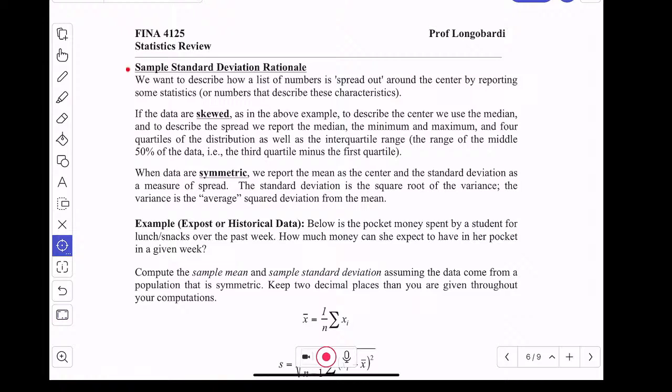So when we want to describe how a list of numbers is spread out around the center, we use the standard deviation when data are symmetric. When they are skewed, as in the above example, we would use the median, and to describe the spread, we report the median, the minimum, maximum, and the 4 quartiles of the distribution.